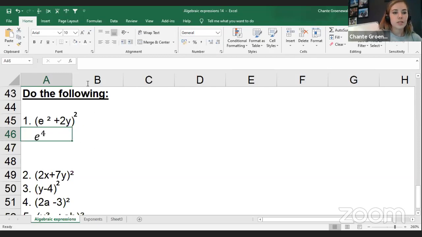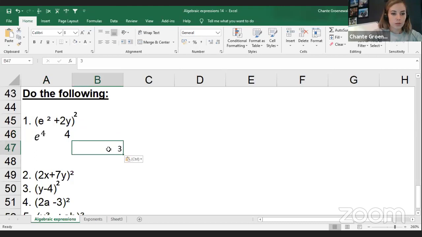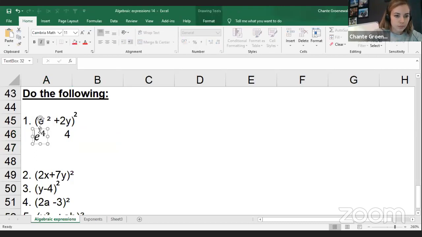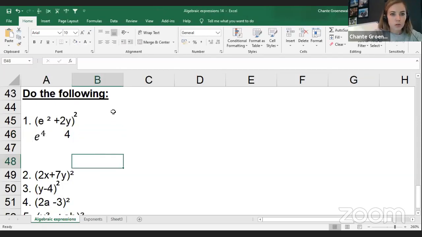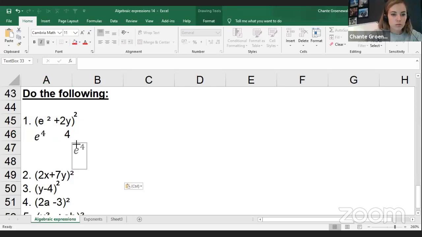Okay, let's just quickly finish this one. Plus 4. And then I'm going to copy this. I'm going to paste it here. Copy. Paste.